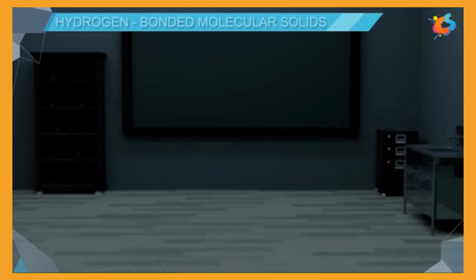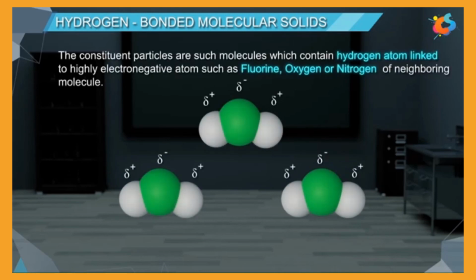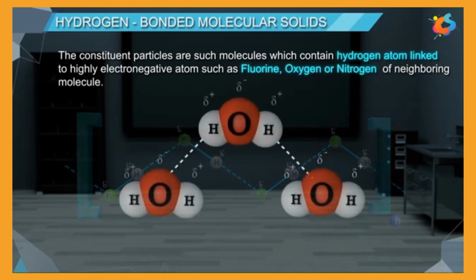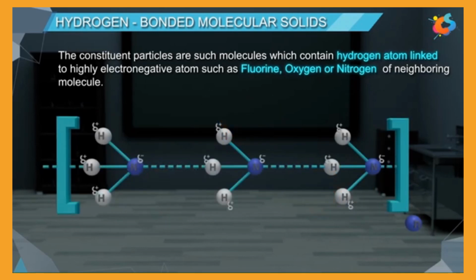Now, let us study hydrogen bonded molecular solids. In hydrogen bonded molecular solids, the constituent particles are molecules which contain a hydrogen atom linked to a highly electronegative atom such as fluorine, oxygen, or nitrogen of a neighboring molecule.